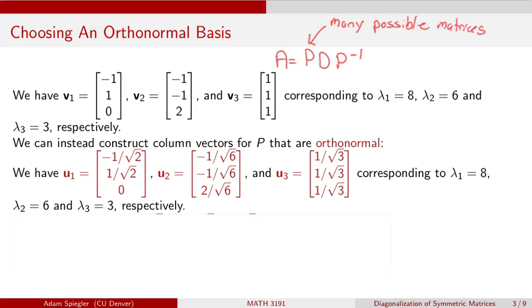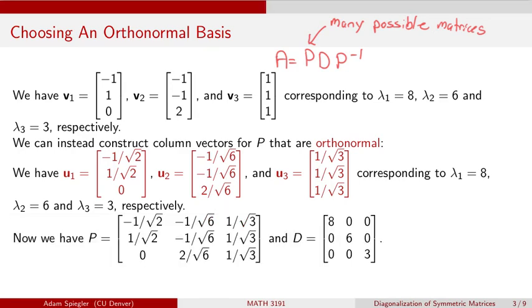And now when we diagonalize this matrix, we could choose to use this matrix P instead of the matrix P that we had on the previous slide. So again, this is not a unique matrix P that we choose. But we'll see that this matrix P is going to be particularly nice to work with because all of its columns are orthogonal to each other, and all of the columns have length 1.